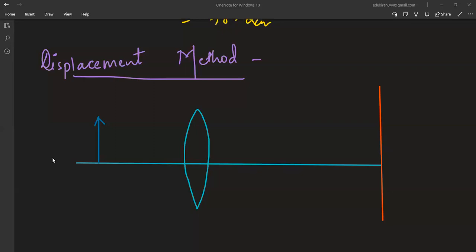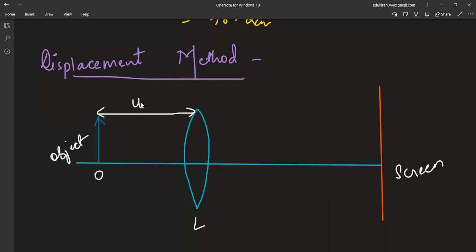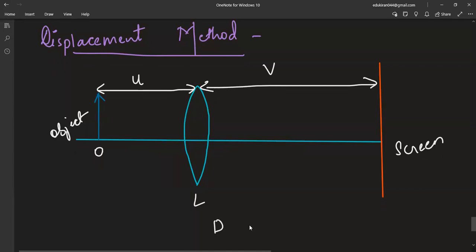This is the object. This is the screen where image formation will occur. From the lens to the object, we take this separation as u, object distance, right? Image is formed on the screen. So we take this distance as v, fine. And the separation between object and the screen, this is taken as d.